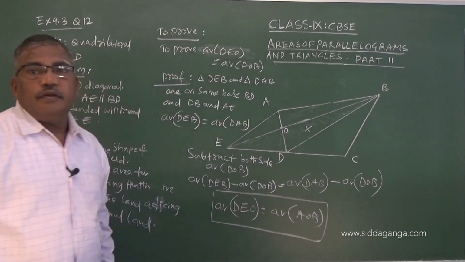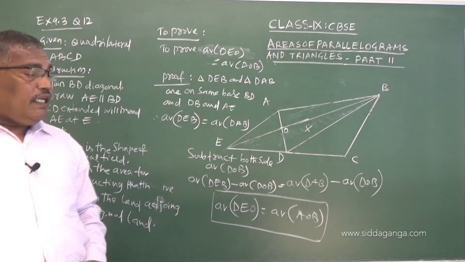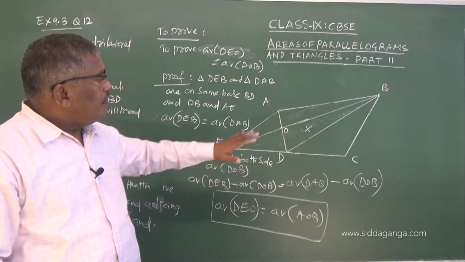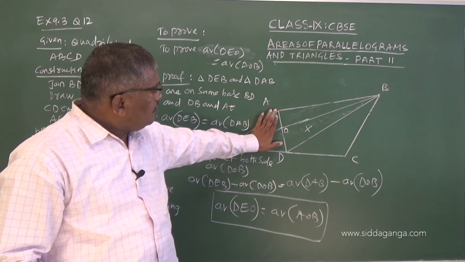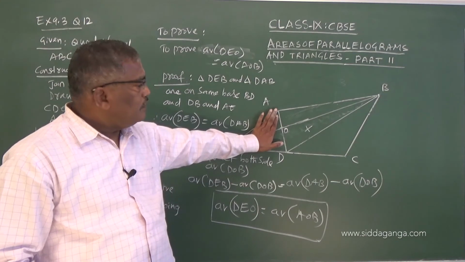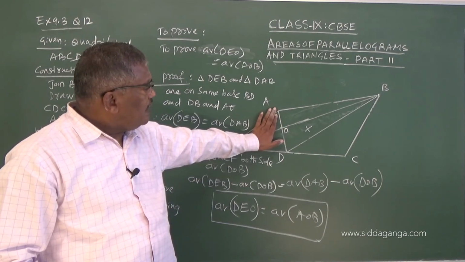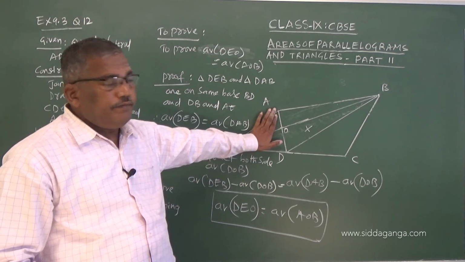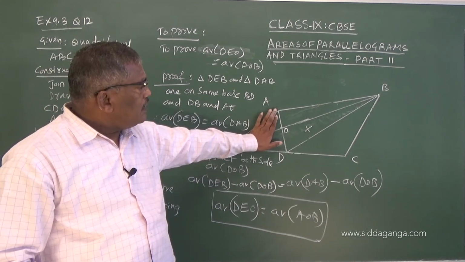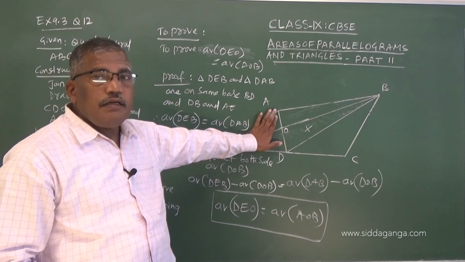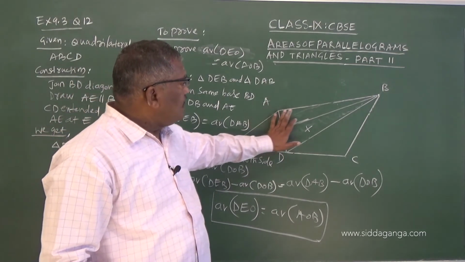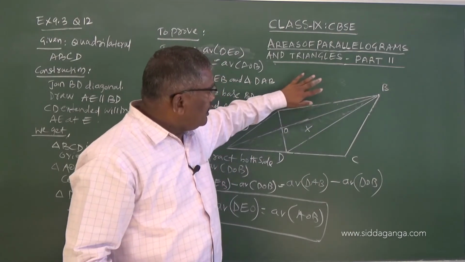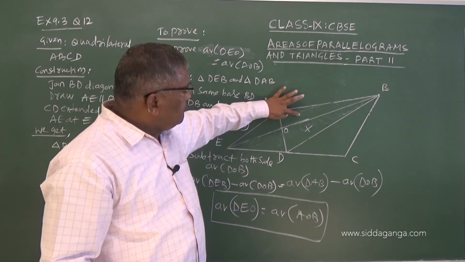So, see, the very essence of this is, ABCD was his original land. And the Gram Panchayat asked for some triangular area for construction of a health center. So, he has agreed.